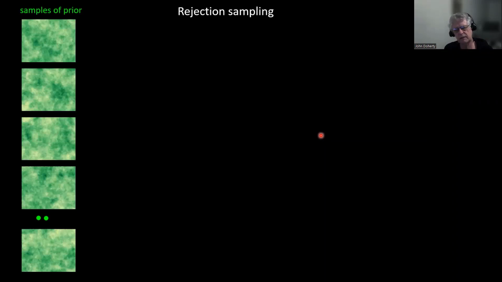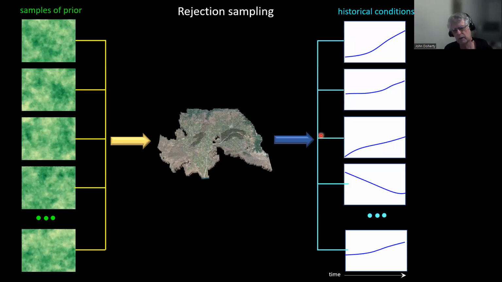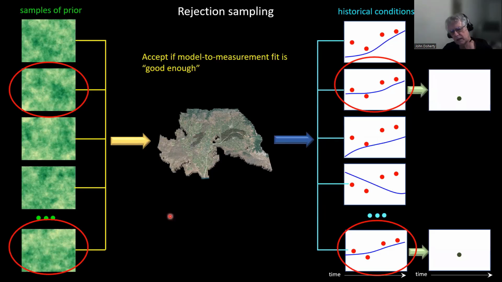So with rejection sampling, we generate lots of samples from the prior in ways we've just been talking about, perhaps. Run them through the model, run the model over the past. Then we look at the field measurements and we say, okay, only 2 of these really allow us to fit the data. So when I run the model into the future, I'll only use those 2.